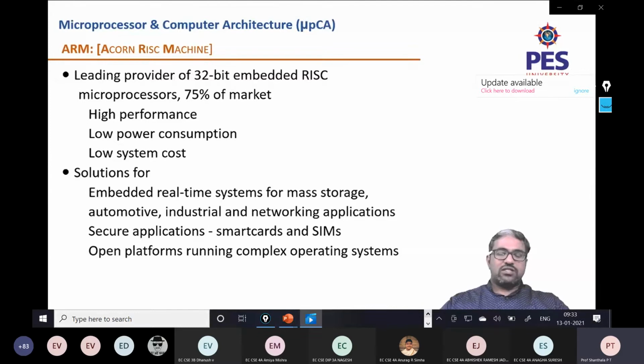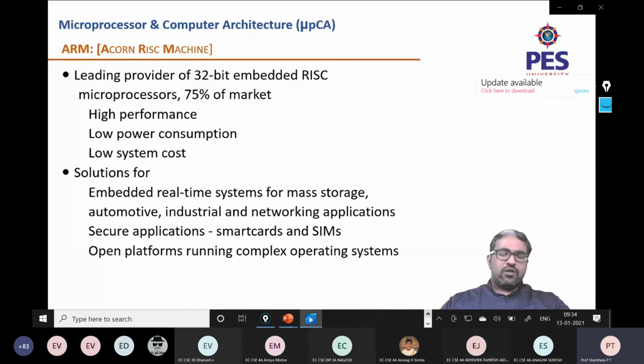Since they cost less, a lot of manufacturers like mobile manufacturers or any embedded applications use the ARM processor instead of going for costly processors like the Intel Atom processor, which I told you about in the previous session.